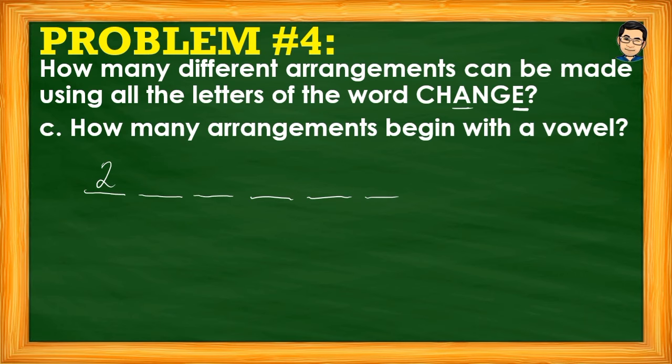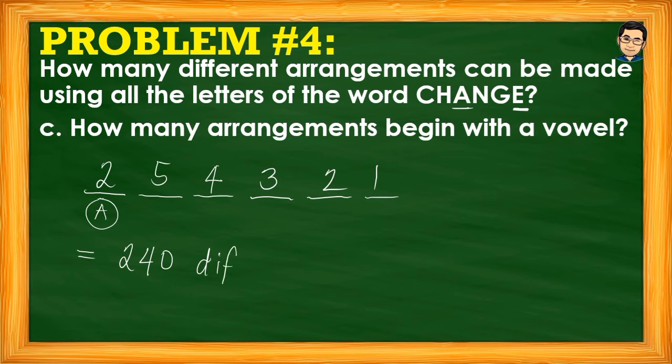So, pwede nating ilagay po doon ay 5. Bakit 5, hindi 4? It's because, halimbawa, letter A ang ginamit natin sa una. So, hindi na pwedeng gamitin yung letter A sa pangalawa, pero yung letter E, hindi pa siya nagagamit. So, pwede natin siyang gamitin sa pangalawa. And then, pababa siya, 5, 4, 3, 2, 1. Then, multiply lang po natin yung mga numbers na yan. So, 2 times 5 times 4 times 3 times 2 times 1. That is 240 different arrangements.